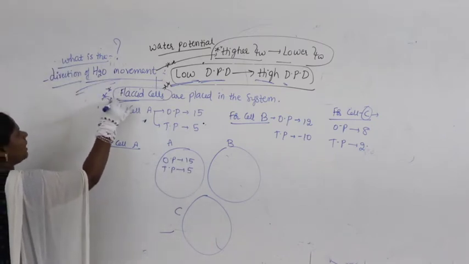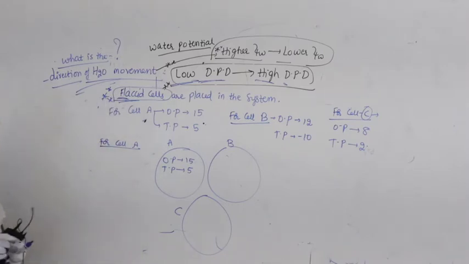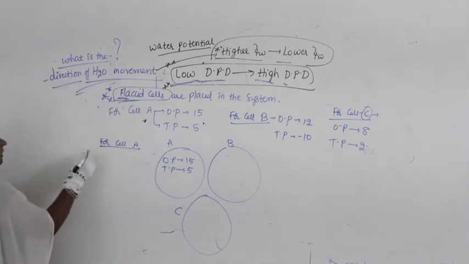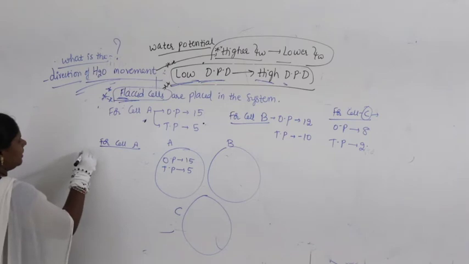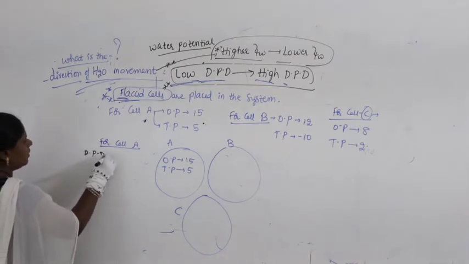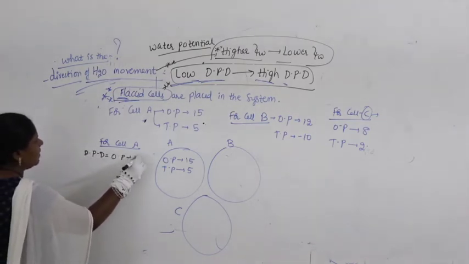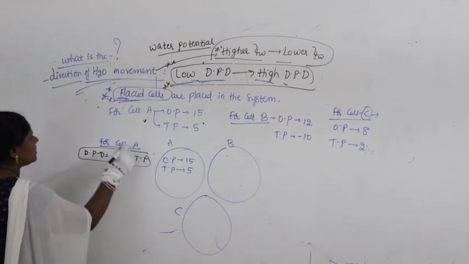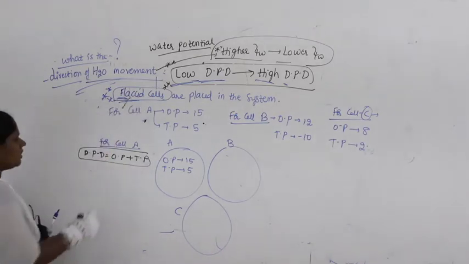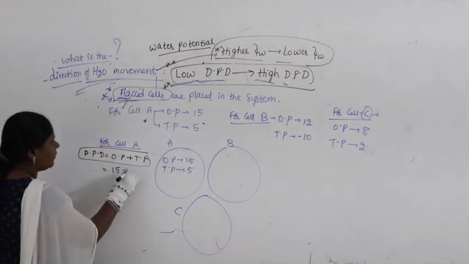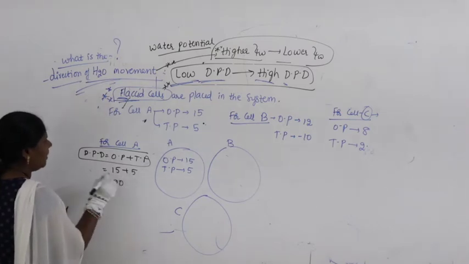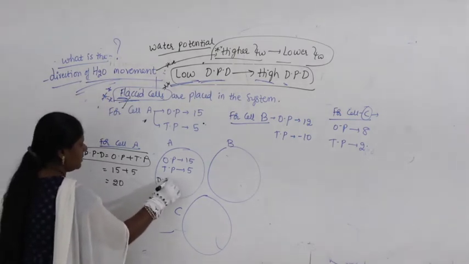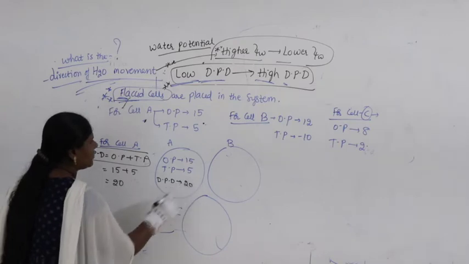Here in the question you have to remember for a placid cell. What is the formula for a placid cell here? Now DPD is equal to OP plus TP, because this is a placid cell. So here what is the value? This 15 plus 5, the DPD value you will get. So here DPD is equal to 20.